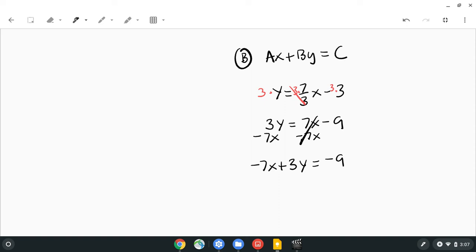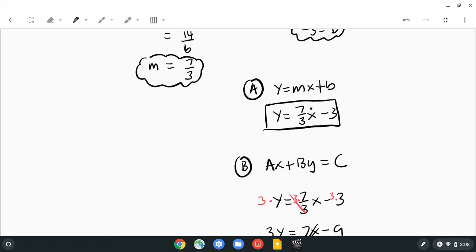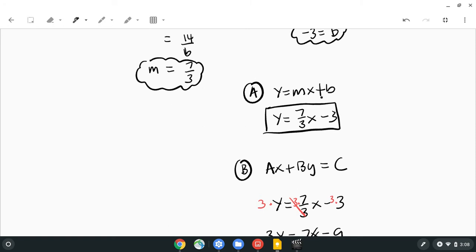So let's go ahead and multiply everything by negative 1. 7x minus 3y equals 9. So there we have it, standard form. The x and y term are on the same side, all the numbers are integers, and x's coefficient is positive. Okay, so that's how you write the equation of a line. They might ask you to write your answer in slope-intercept form.